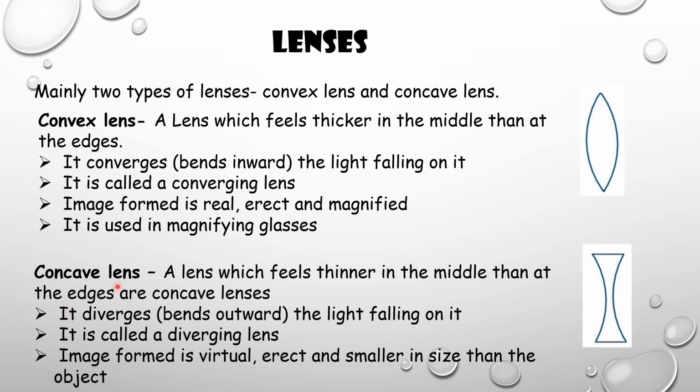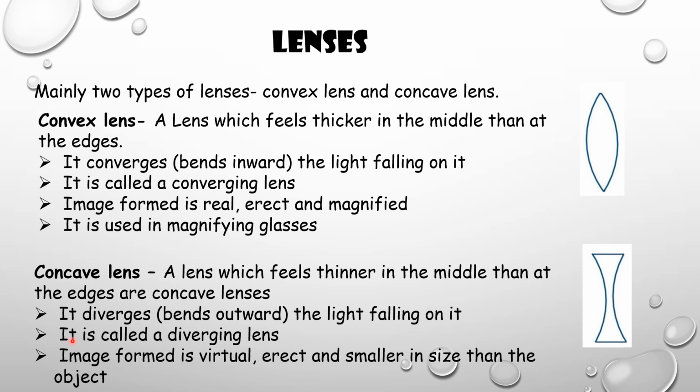And next is the concave lens. A lens which is thinner in the middle than at the edges is a concave lens. So here the middle portion is thin, but the edges are very thick. It diverges the light falling on it. The light falling through this concave lens is not concentrated to a point, it diverges like this.